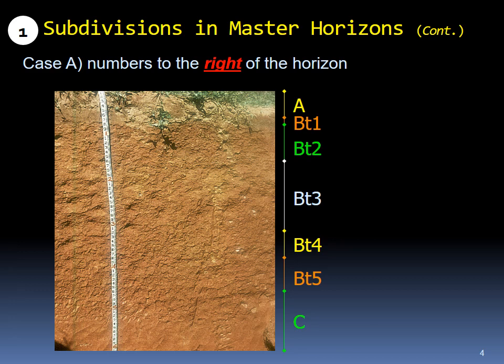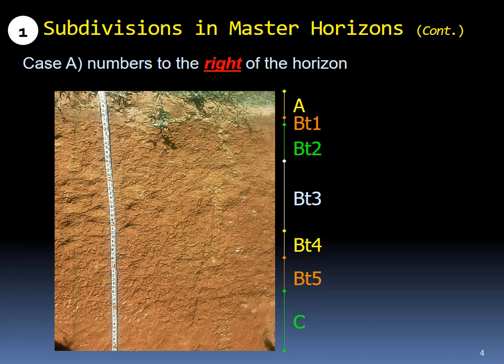And you can also see another example. In this profile, you have a soil profile that basically consists of 3 master soil horizons. You have A at the top, and then you have B, and then you have C. Now, if you look at B, it is a B horizon with accumulation of clay because it's indicated by t.